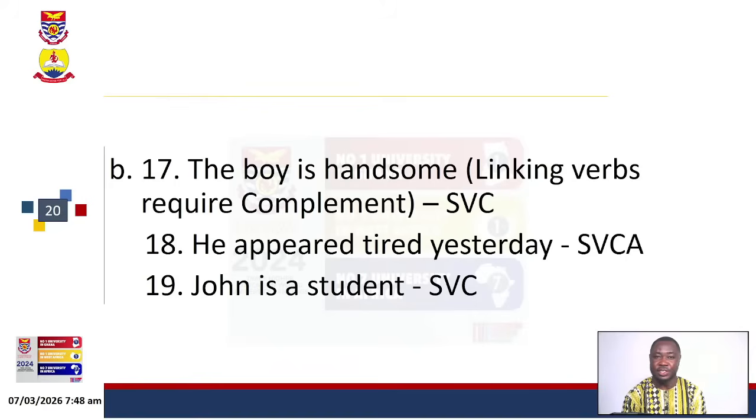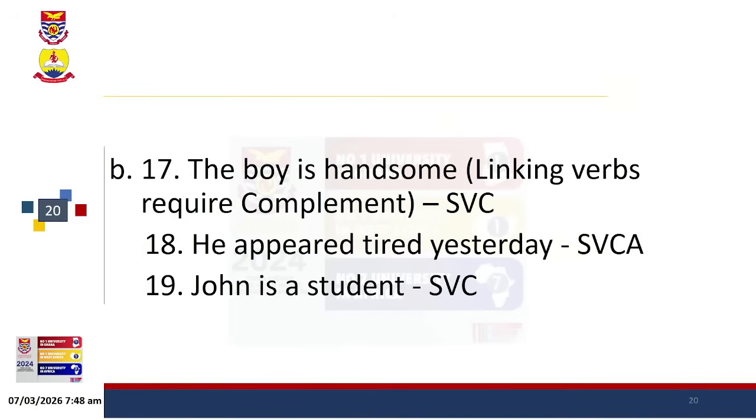In 19, John is a student. This is subject verb complement. The subject is John. The verb, which is a linking verb or a link verb, is, and then the complement is a noun phrase, a student. What we are saying is that John equals student, a student equals John.